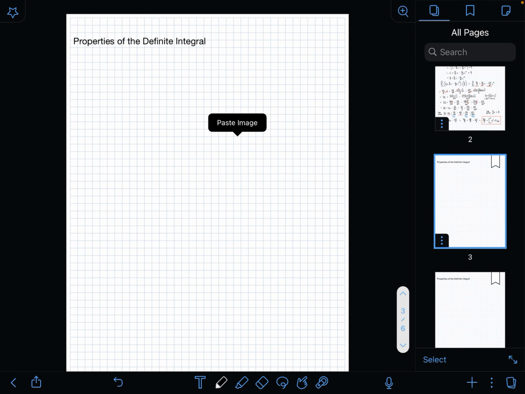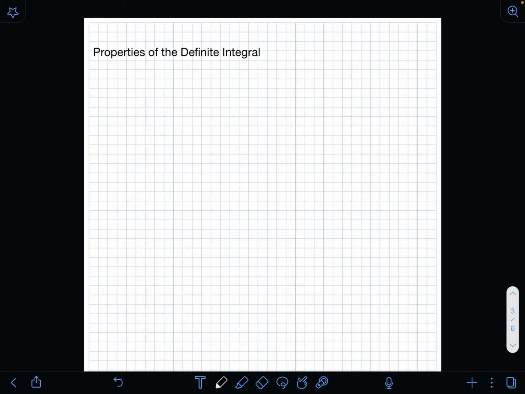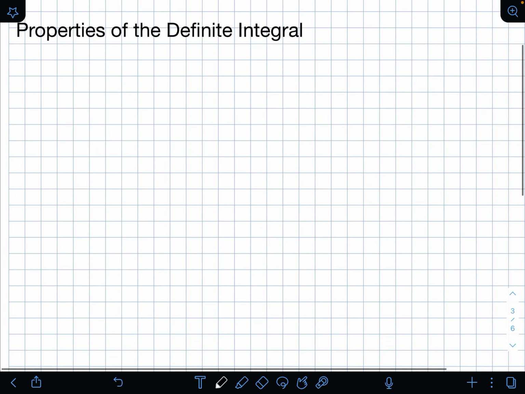Okay, so properties of the definite integral. The definite integral has a number of things that we should be aware of because they do come up. Many of these properties are not something we would choose to create in many cases, but something that may occur naturally in the course of doing a problem or working through a proof.